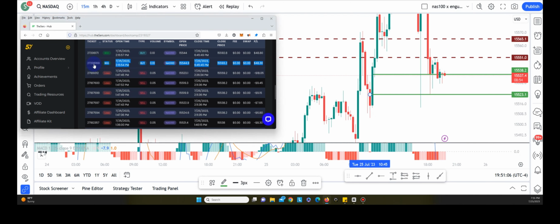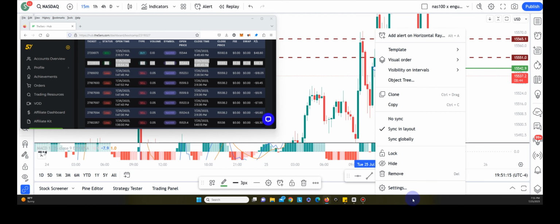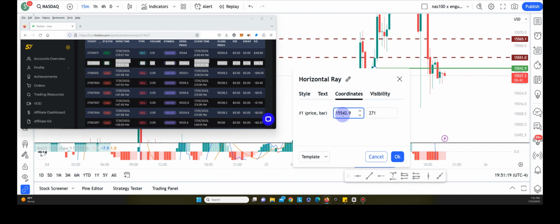Then the final trades, which were actually winners. So it was a trade at 11.15. So let's take a look at 11. That is 11.15. Okay. This was at 15,544.9.